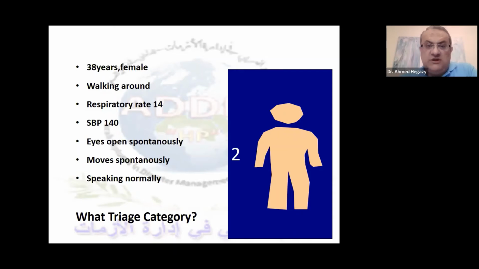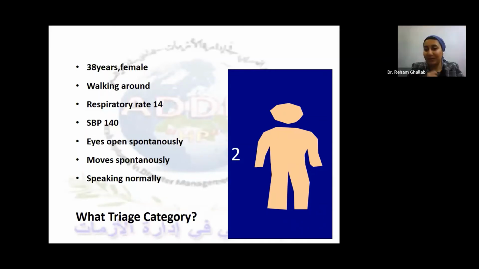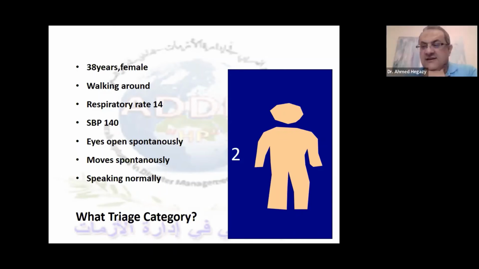But if you just hear this presentation, you will know there is triage, but you won't know what to do. With experience, we have to mark it quickly. We took some time on the first one. Let's go to this last patient.